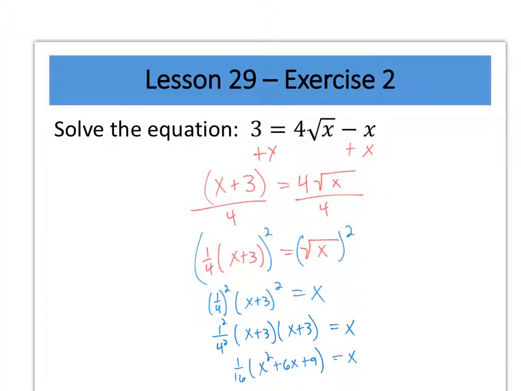And then we can start subtracting the x out. So minus x, minus x. But this doesn't come out pretty anymore. Let's just pause here. So 1/16 times x squared plus 6x plus 9 minus x equals 0. Yeah, these aren't coming out very pretty, but so long as you can start doing this, we should be fine.